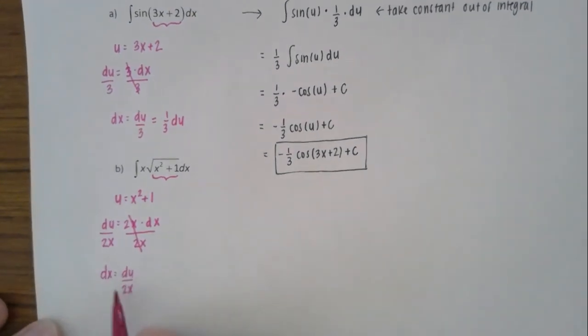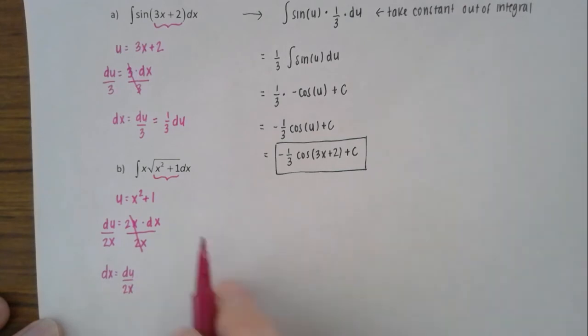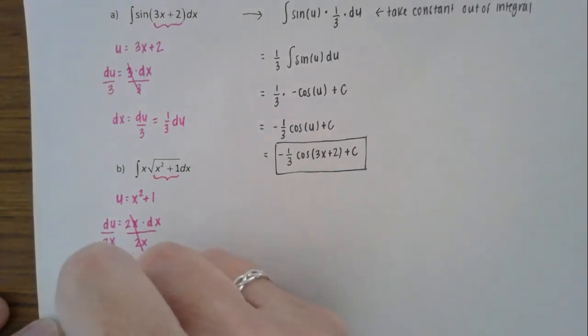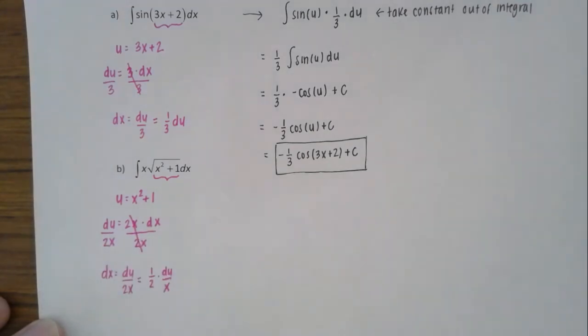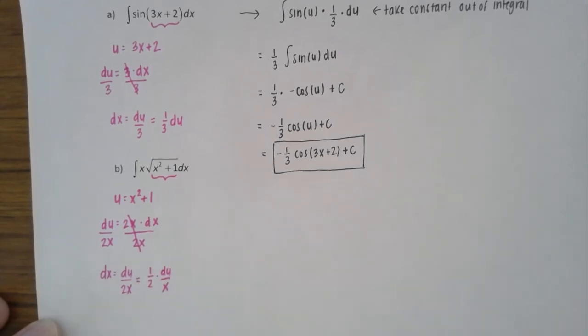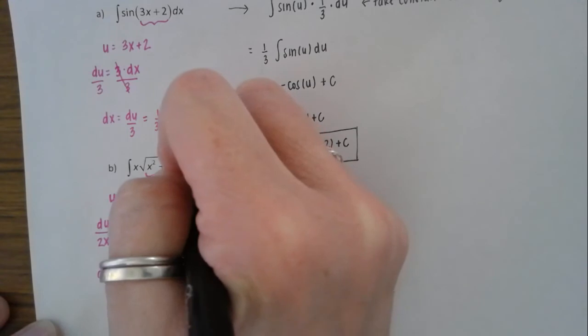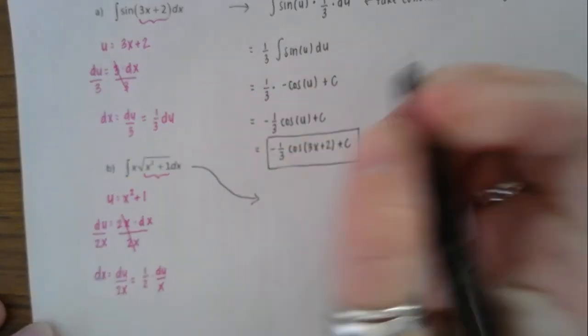And again, depending on what we end up substituting back into this integral, you might want to write this as 1/2 times du over x. So just know that sometimes you might have to play around with that a little bit to get something that's going to work out nicely when you substitute back in. So let's do our substitution.